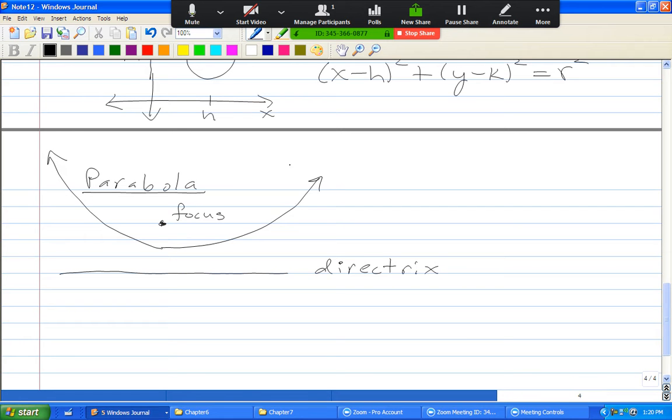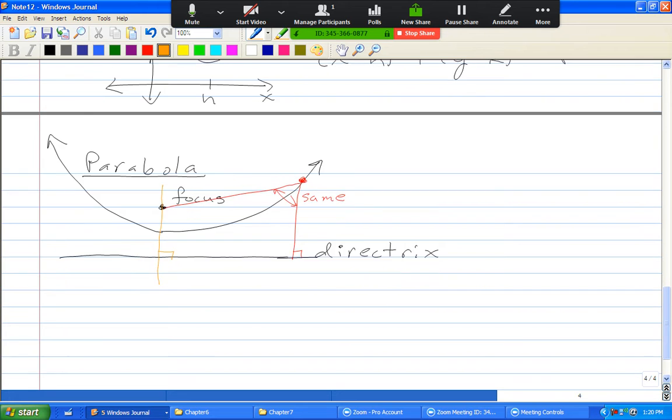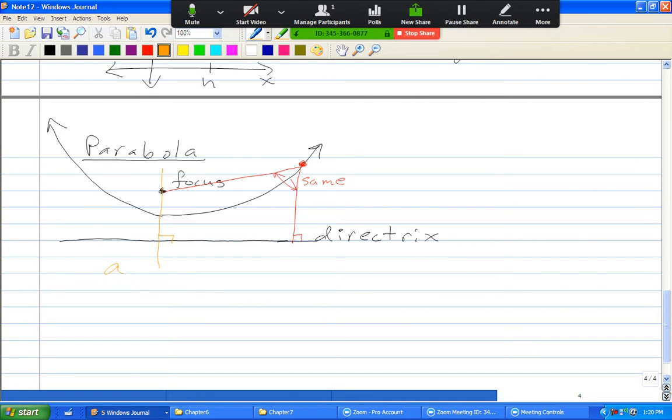So if I take any point on the parabola, then these two distances are the same. The distance from this point to the focus is the same as the distance to the directrix. If I take a line passing through the focus perpendicular to the directrix, that is called the axis of symmetry.